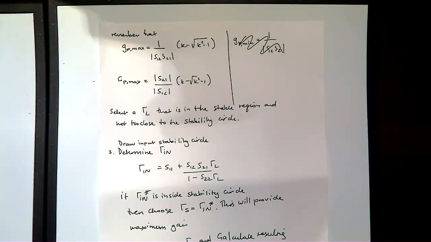But generally, in many cases we try to choose it so that it's closest to the origin, or the one point, or the perfect match point, in order to have the smallest standing wave ratio at the input. Now, you can also choose it so that it has the maximum real part, where it's the most stable. It depends on what you're trying to do, right?